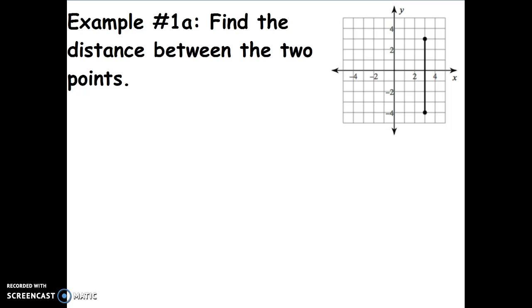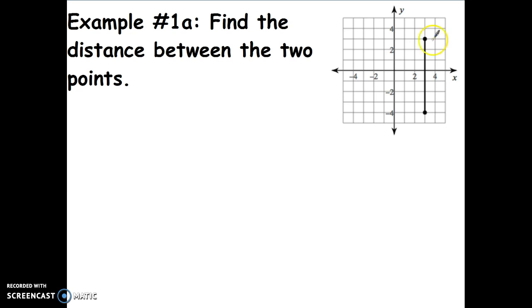Example 1a. We're going to find the distance between the 2 points. Take a minute to write this down and then just sketch that line beside it. Here we actually have a vertical line. The good thing with horizontal and vertical lines is you don't have to do anything to figure out the distance between the 2 points.